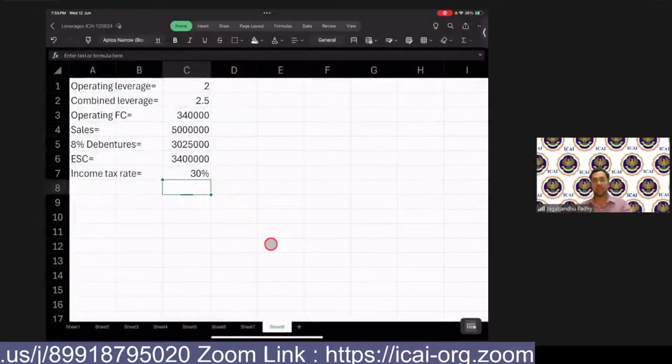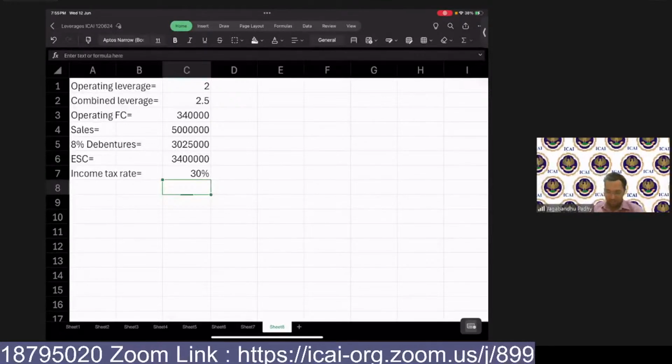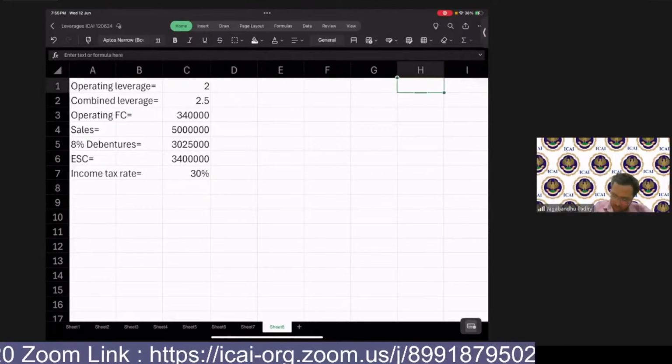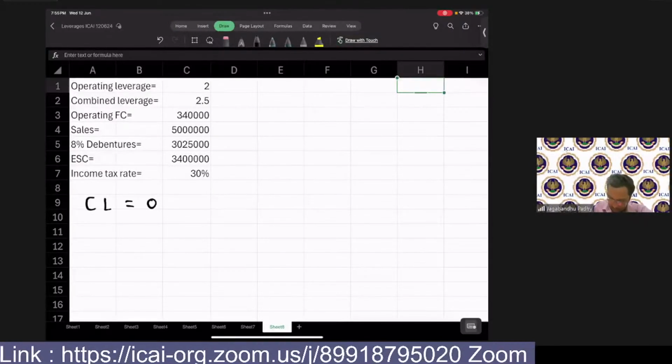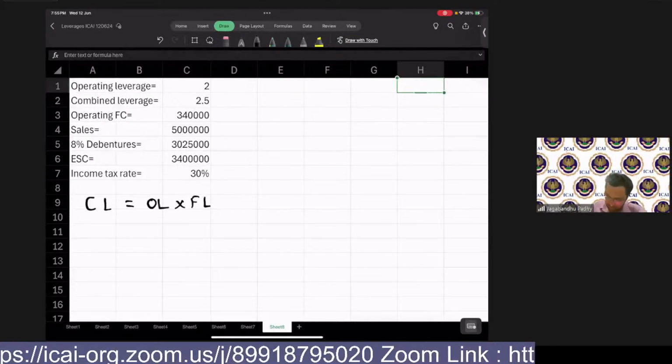Let's first talk of financial leverage. Since we have operating leverage and combined leverage available, we just need the simple formula: combined leverage equals operating leverage into financial leverage.